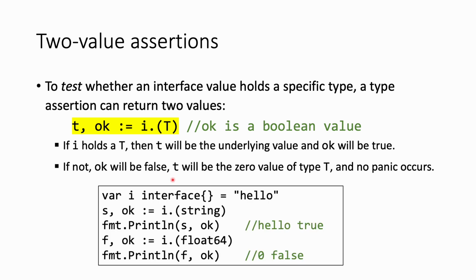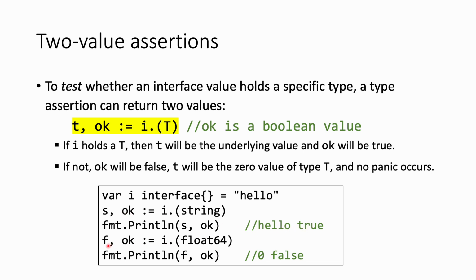For example, suppose variable i has been declared to be of the empty interface type and holds a string value "hello". Then the assertion s, ok := i.(string) will assign the string literal "hello" to variable s and assign value true to variable ok.